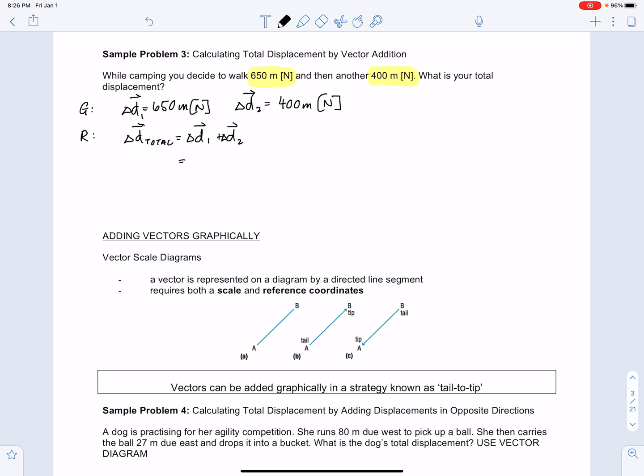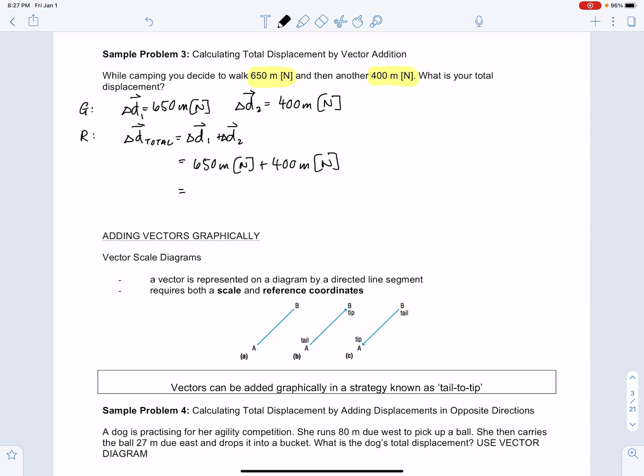We can sub and solve. We have 650 meters north plus 400 meters north. Now, ask yourself the two questions, since these are vector quantities. Number one, are they collinear or non-collinear? North and north are collinear. Number two, are they in the same direction?